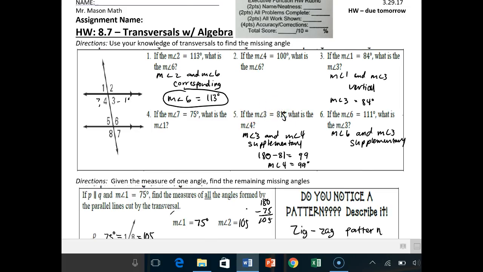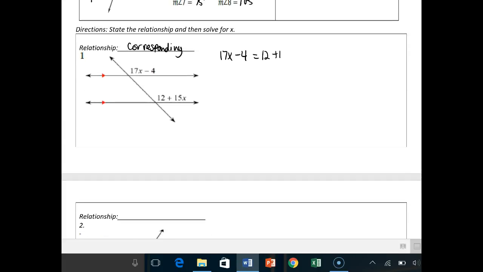We set them equal to each other because they were corresponding. Start off by subtracting 15x from both sides. Get 2x minus 4 equals 12. We'll add 4 to both sides. You get 2x is equal to 16. Divide by 2, and you get your answer as x is equal to 8.